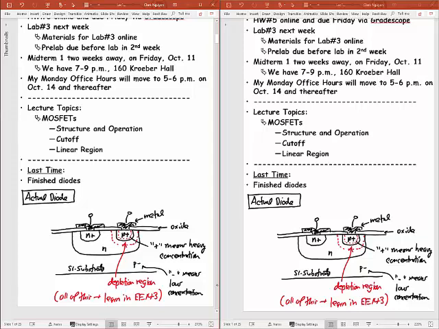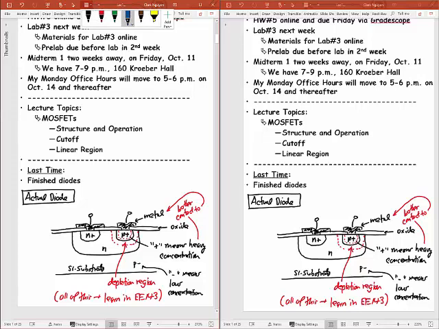So the plus concentration means that I can make better contact to the metal. And the metal then goes to the leads of this thing, which then allows me to access it from the outside.